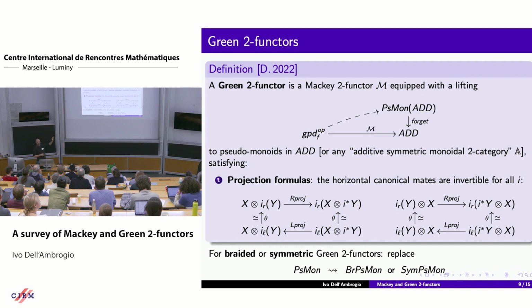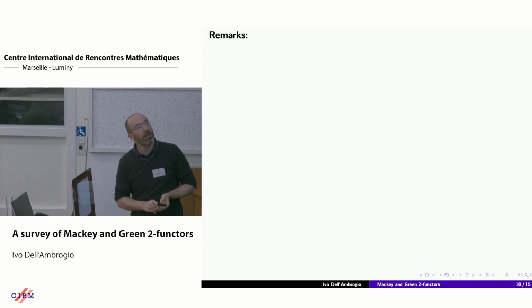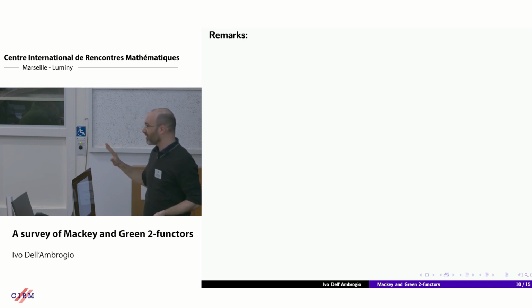So there are two meanings of left and right here. The left and right adjunctions, which are the first line and second line, and reversing the order of the tensoring, so the ordering of x and y, if you want, which is the left square and the right square. So in particular, you only have one projection formula, really, if you have a braided Green 2-functor.